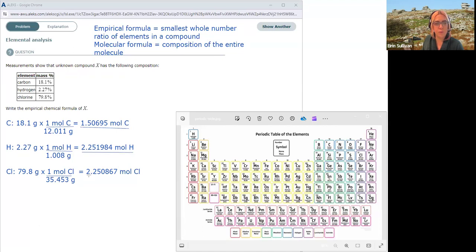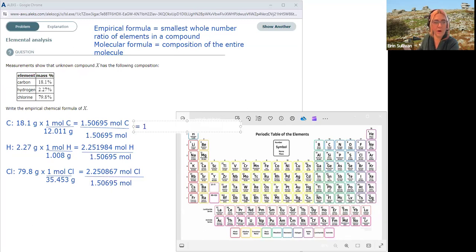Hopefully we can all agree that 1.5 is less than 2.25. So we divide these all through by the 1.50695 moles, to get a unitless ratio, which hopefully is whole numbers. Or if it's not, we can make it whole numbers.